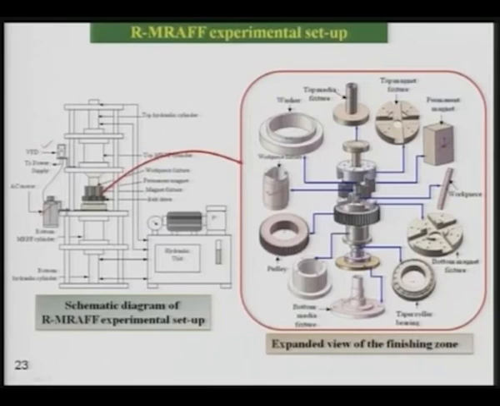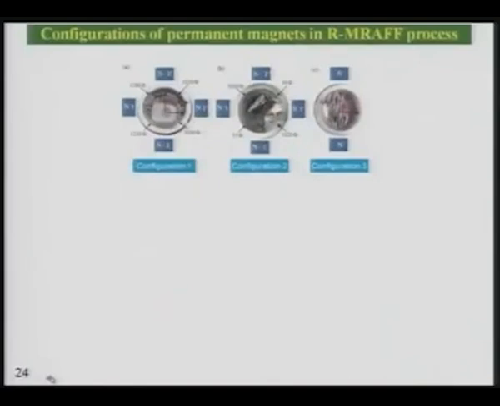You can see the bottom medium fixture, and here is the top magnet holder or fixture. So in place of this type of workpiece, you can have the other type of workpiece, as I have shown you in the earlier slide. Configuration of permanent magnets in the RMRF process.